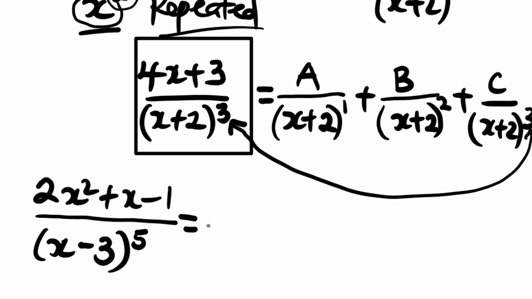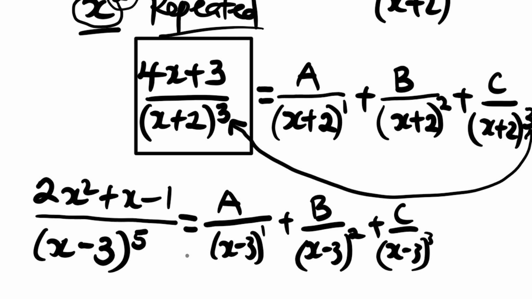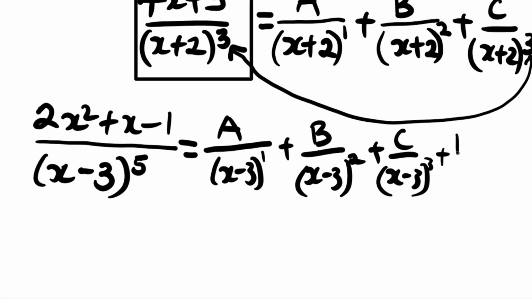What happens is that it's going to be A over x minus 3 to the power 1, plus B over x minus 3, the same factor, now to the power 2, plus C over x minus 3 to the power 3. You do it until you reach power 5, because that's the maximum power here, right? So plus D over x minus 3 to the power 4, plus E over x minus 3 to the power 5. So you do it until you reach that maximum power.